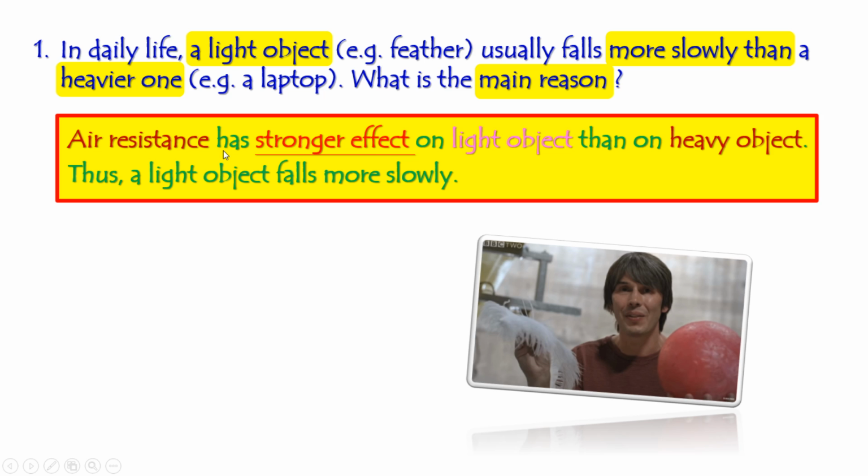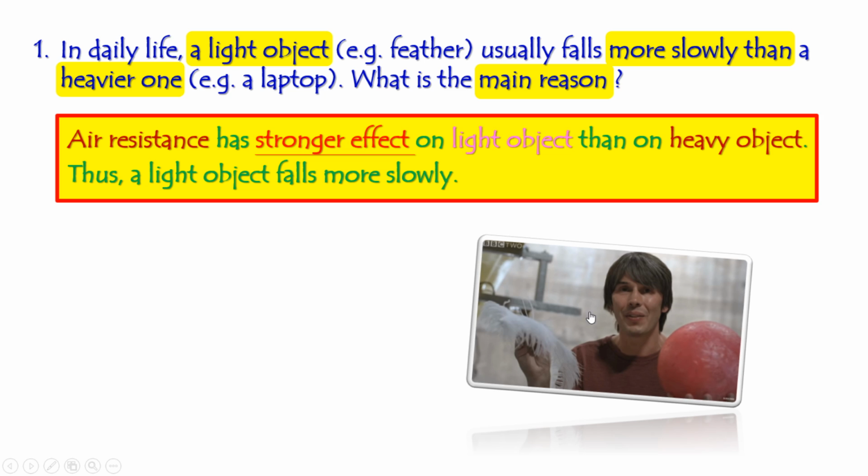Because air resistance has a stronger effect on a light object than on a heavy object, the light object falls more slowly. If you can remove the air, then you should find that light and heavy objects fall at the same rate. They reach the ground at the same time. Why is our daily experience not like that? Because air resistance has a stronger effect on light objects.